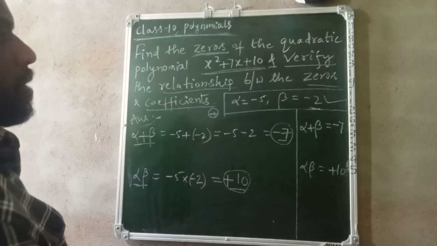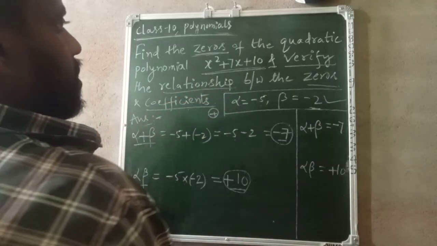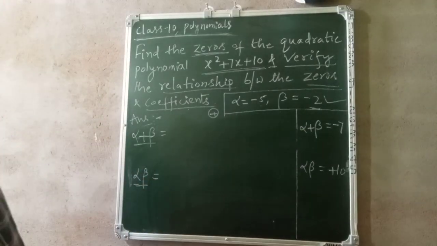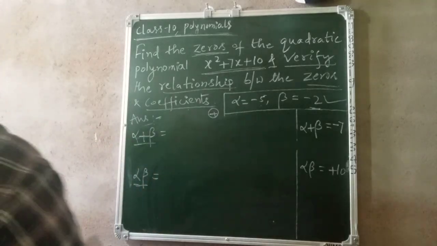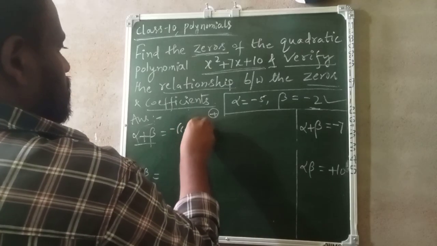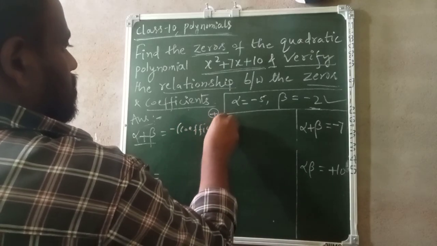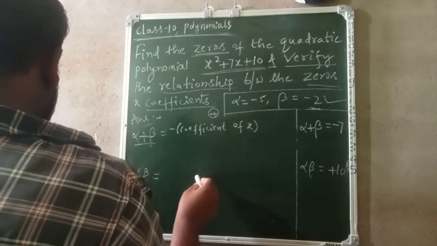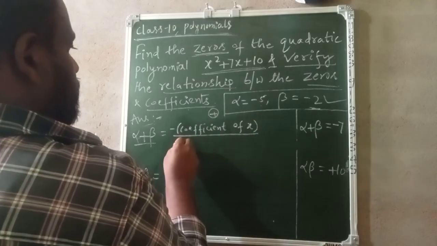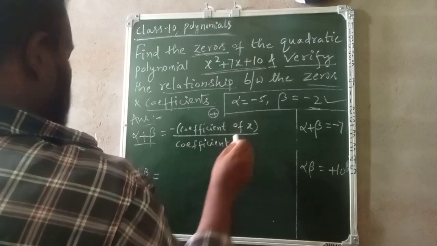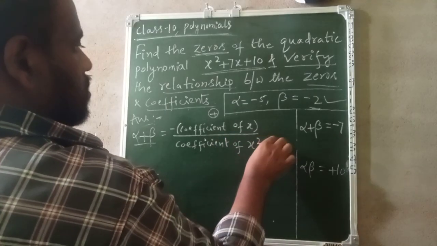Okay, after finding alpha plus beta, we have to now verify the relationship between the zeros and coefficients. How? We will use the formula now. So we have formula for alpha plus beta. It is, I will write now, minus coefficient of x divided by coefficient of x square.